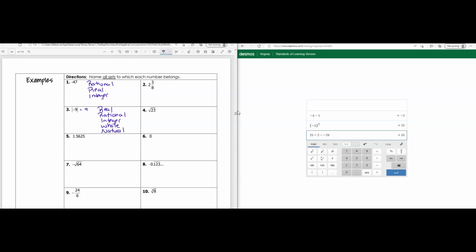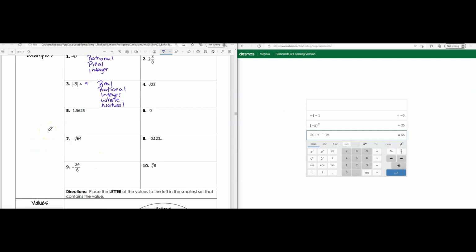So it fits into all of those categories. For 5, I've been given a decimal that ends. If you've been given a terminating decimal, it's a real number, and it is a rational number. And those are the only two groups that number could belong to.